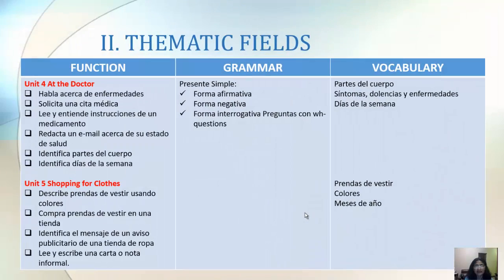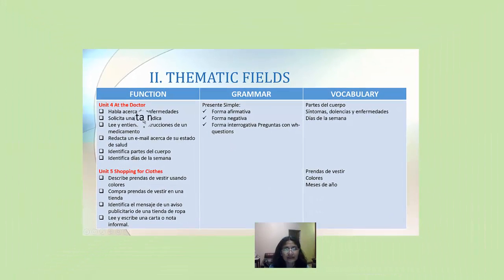Then we have the thematic fields. Here we have a summary of everything that our students are going to see. For example, which functions they are going to work on. Okay. Which grammar and which vocabulary. As you can see here in this first learning unit, it's formed by 2 topic units, which are at the doctor and shopping for clothes.